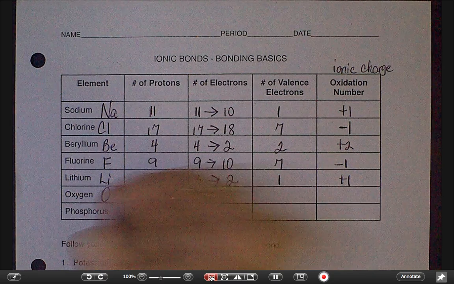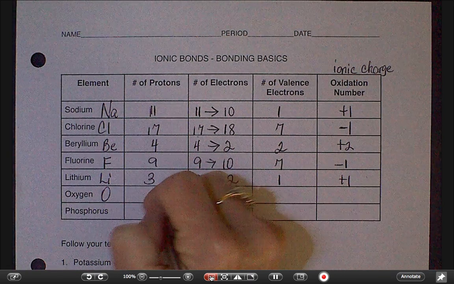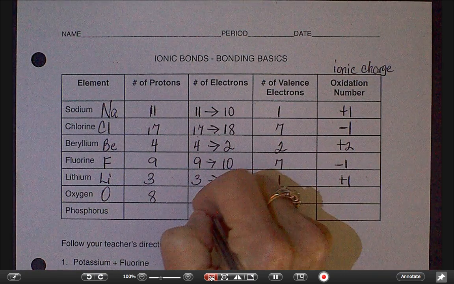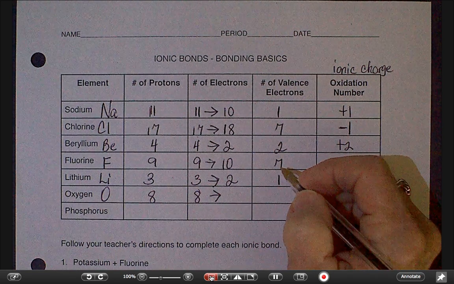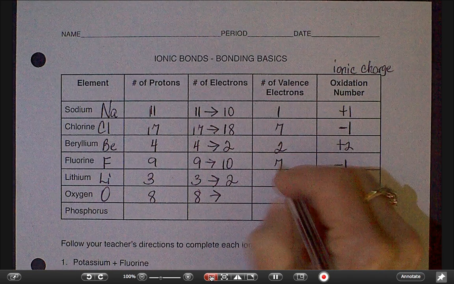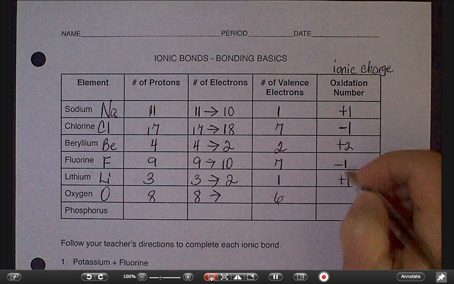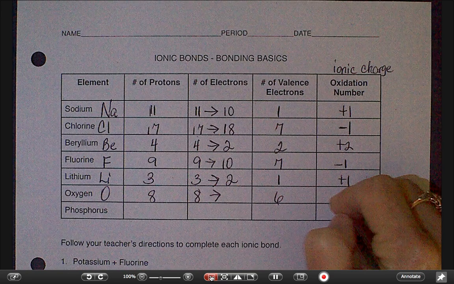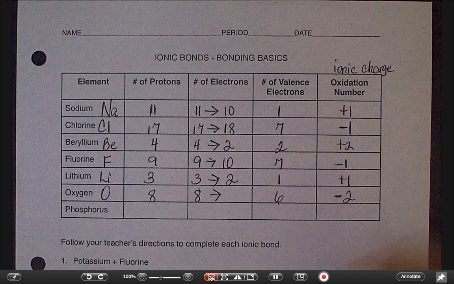Oxygen is O. Element number 8 has 8 protons, 8 electrons. Lives in group what? So it has how many valence electrons? How many is it going to gain? 2. So the charge on group 6 is a -2.